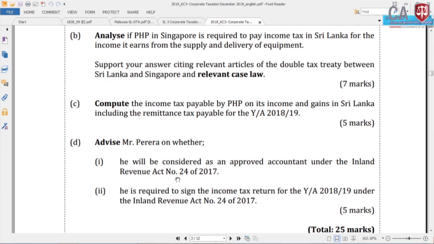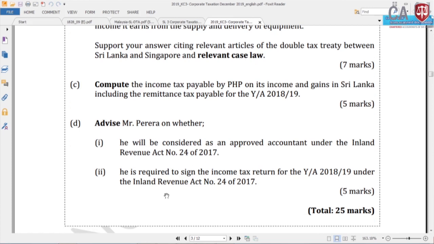Part D, advise Mr. Pereira on whether he will be considered an approved accountant under the Inland Revenue Act number 24 of 2017. Now we don't know who Mr. Pereira is, we will look at that. The question is asking whether he is an approved accountant. In section 195, it's defined very clearly who the approved accountant is. Then, Roman 2, he is required to sign the income tax return for year of assessment 18-19 under the Inland Revenue Act number 24 of 2017.